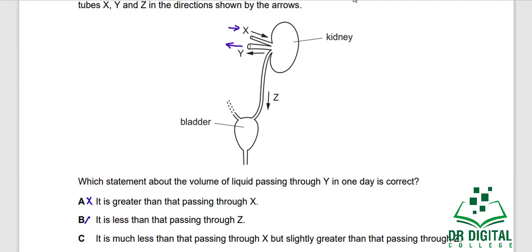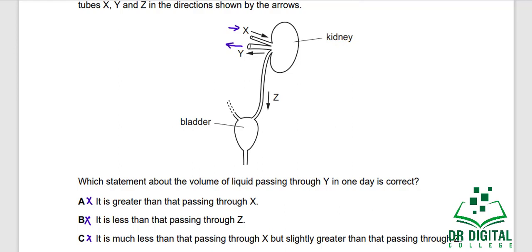So B is also wrong. It is much less than passing through X but slightly greater than passing through Z. So this is also wrong. It's not much less. It will be a little bit less because only urine has been filtered out from X.